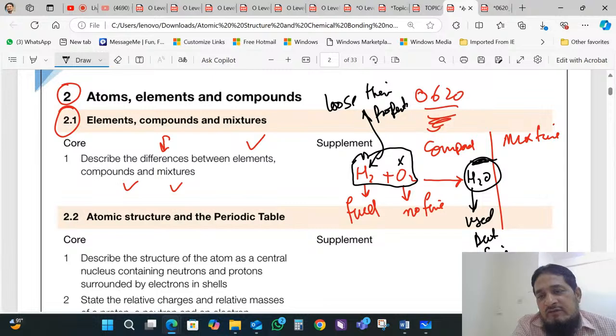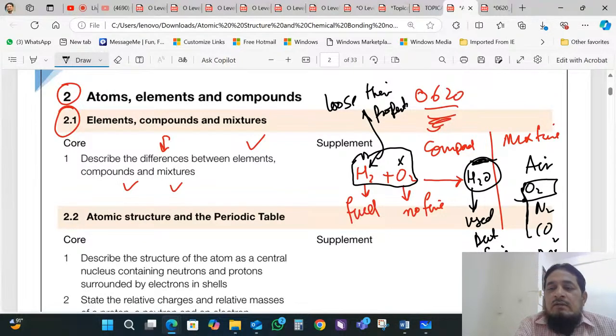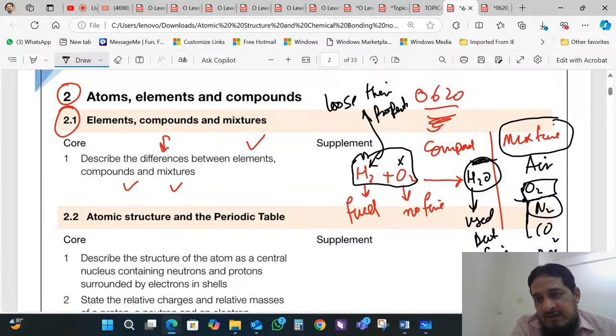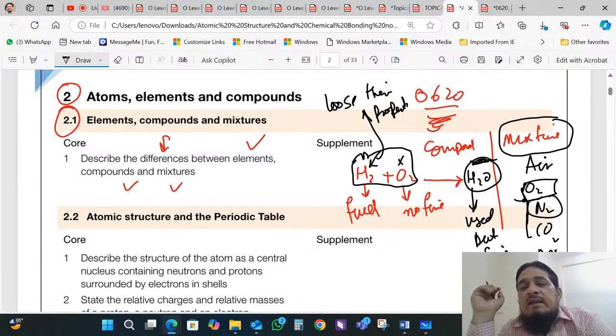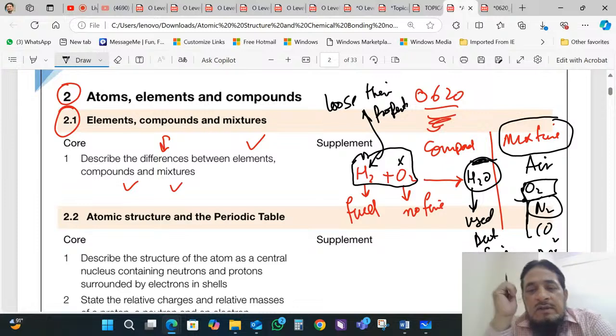But in the case of a mixture, like air, which is a mixture of oxygen, nitrogen, carbon dioxide, and the noble gases, these gases retain their properties. Oxygen does not lose its identity, same with nitrogen and the other gases. So the components of a mixture do not lose their properties.